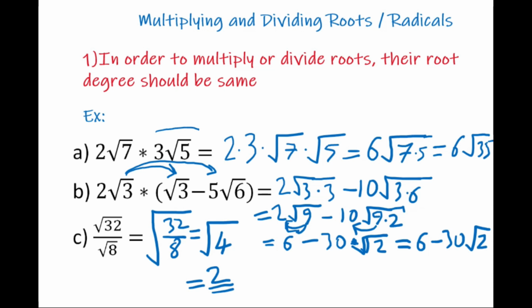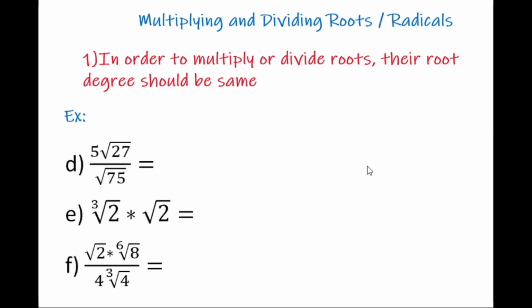Okay, let's continue with the other examples. In option D, we have a division again. And as you can see, their root degrees are the same. So we can write it like this: 5 times, in the same square root, 27 divided by 75.